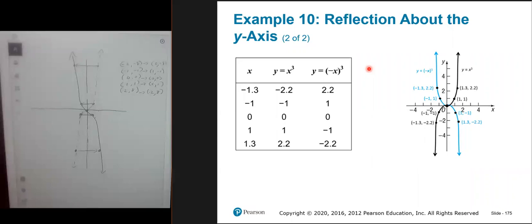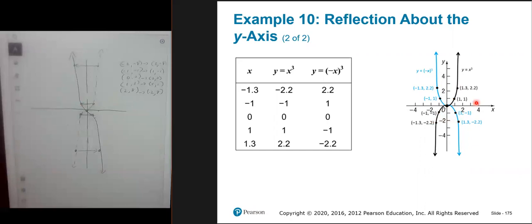I don't like the way this particular thing looks. Oh, okay. I see what they're doing. So this point went over to here. This point went over to here. This point stayed there. This point went over to there. This point went over to there. Okay, so it matches what I did.